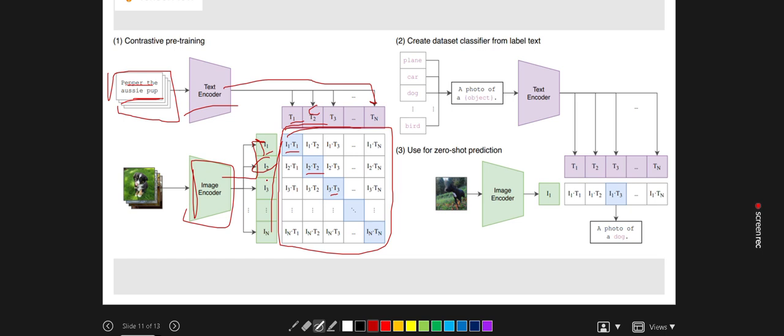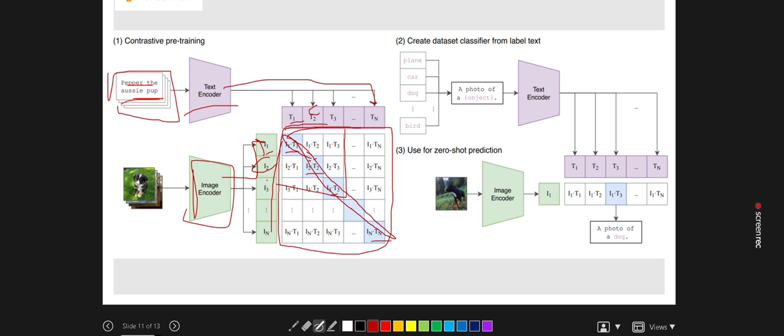These are the actual matches, the pairs that were passed, and these are in the diagonal of the matrix. Image 1 text 1, image 2 text 2, image 3 text 3, up to image n text n. But we are not only focused on just the diagonals.